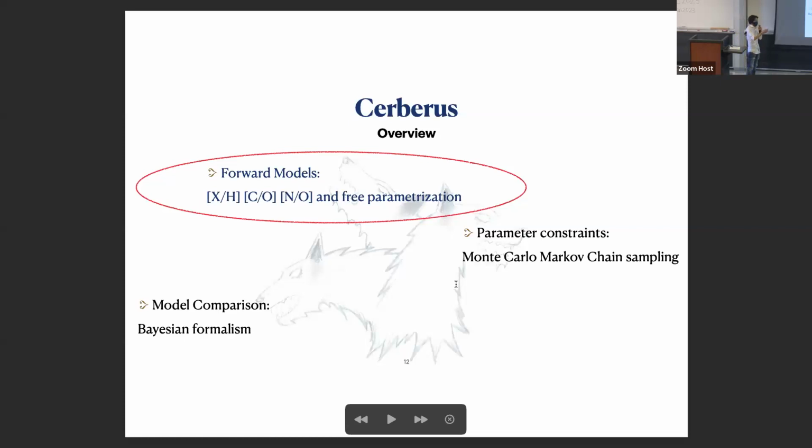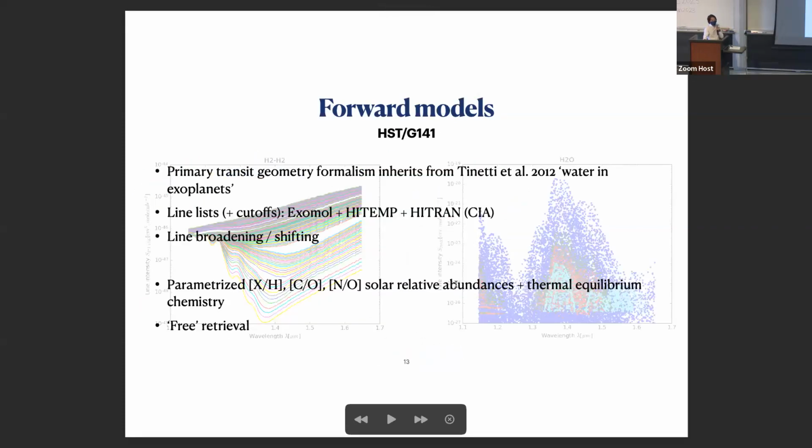The forward models that are built in Cerberus, there are two categories. One category uses the standard parameterization. Basically you put everything in solar abundances. You tweak a little bit of nodes, and you let everything equilibrate according to a thermal equilibrium argument.